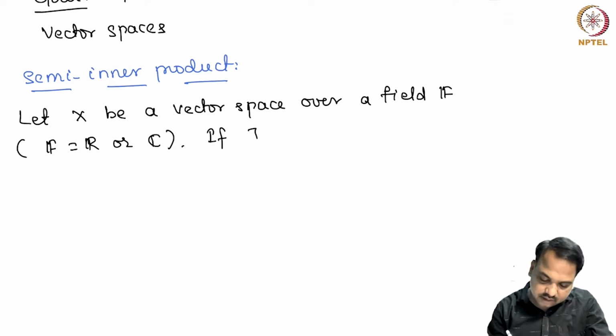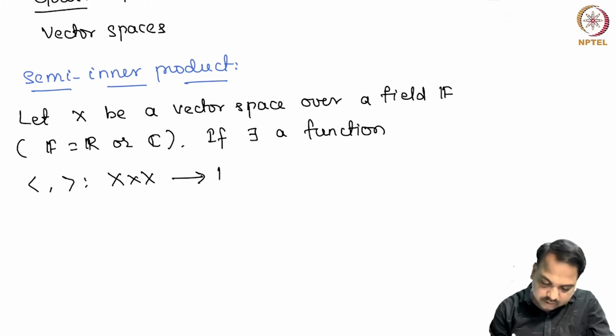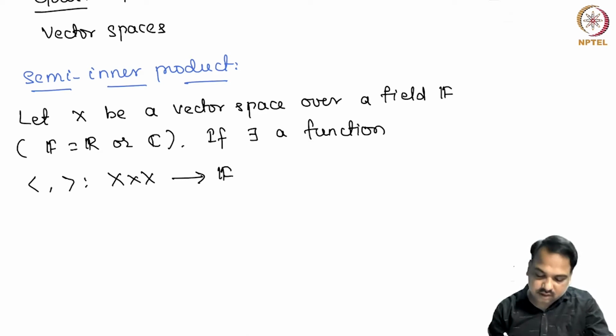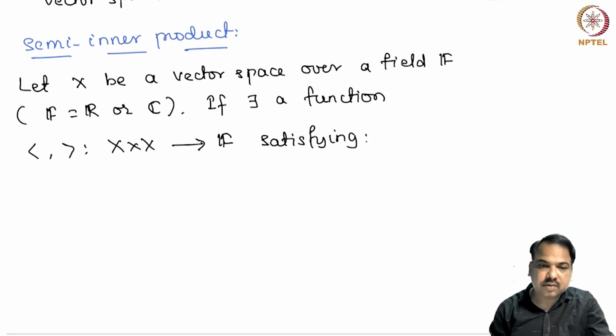If there exists a two variable function, which we denote with this bracket, from X cross X to F, satisfying the following axioms.